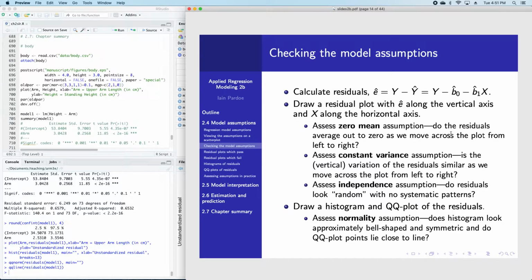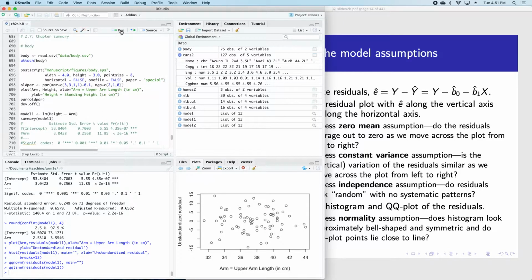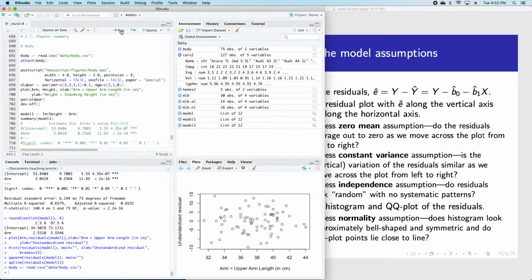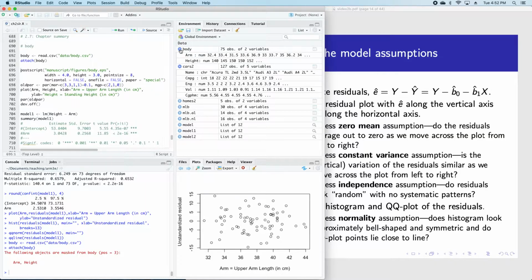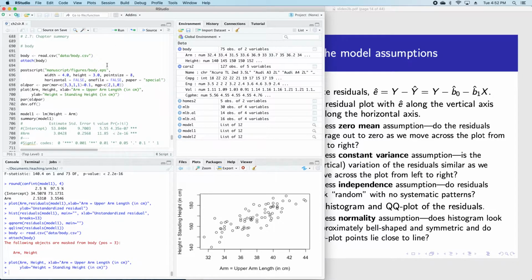So let me illustrate how to do that with an example from the end of the chapter. These are body measurements. We've got arm lengths and overall heights, and we're trying to establish a linear relationship between these two. Here's a plot of the data.